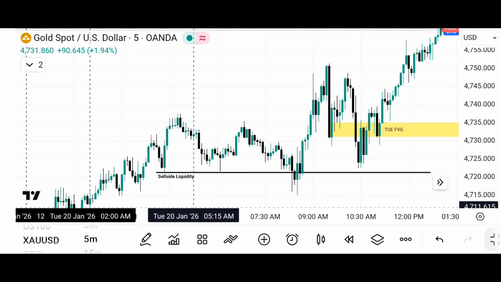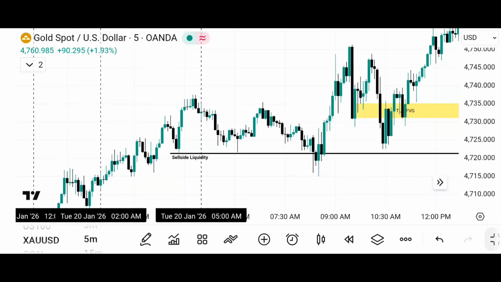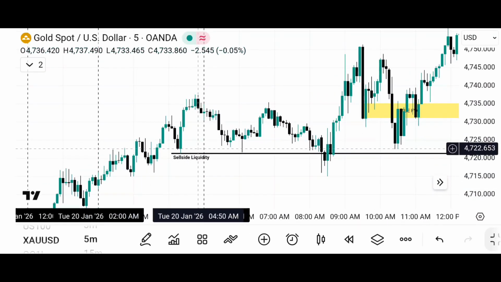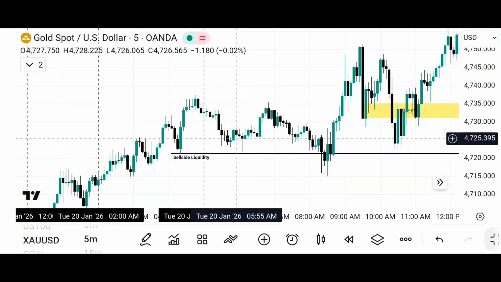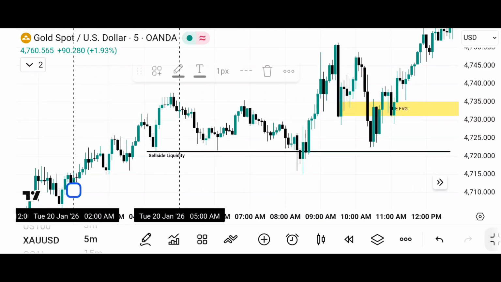This is the key zone for London. For the London session, this is the time you hunt a trade. So the lows were created: this one was created during the key zone, and this one was created after the key zone of the London session.